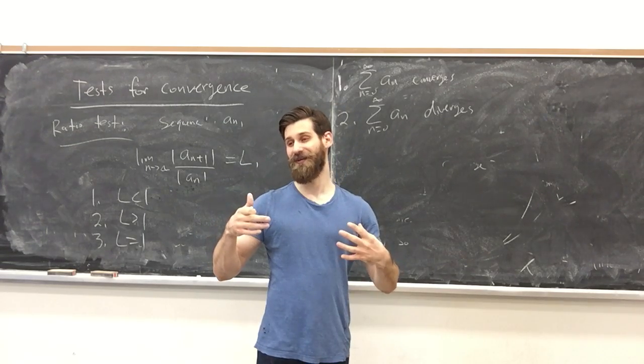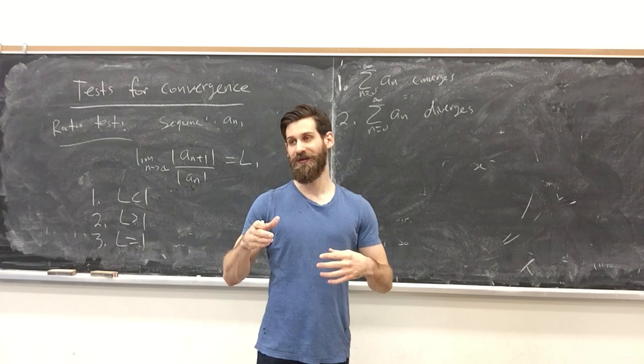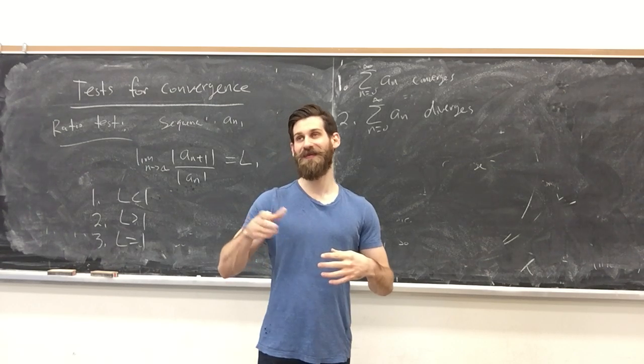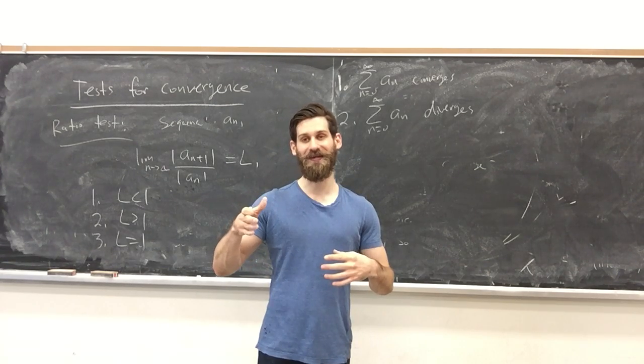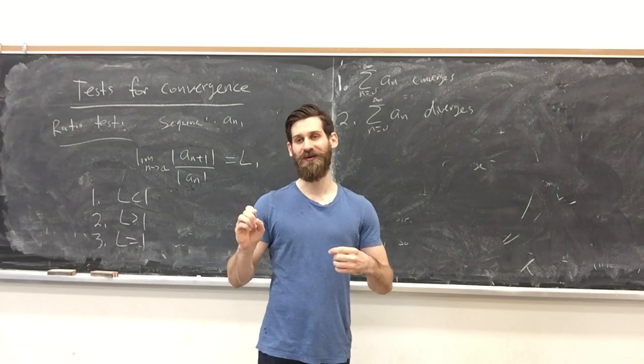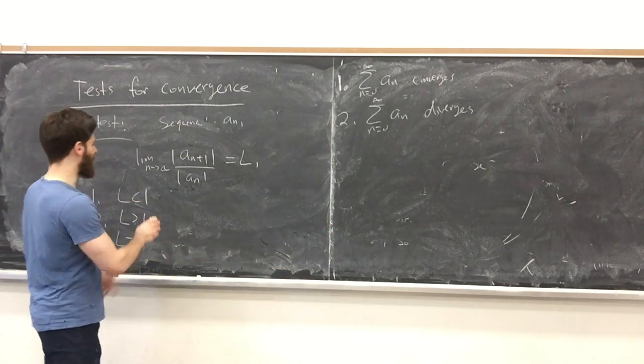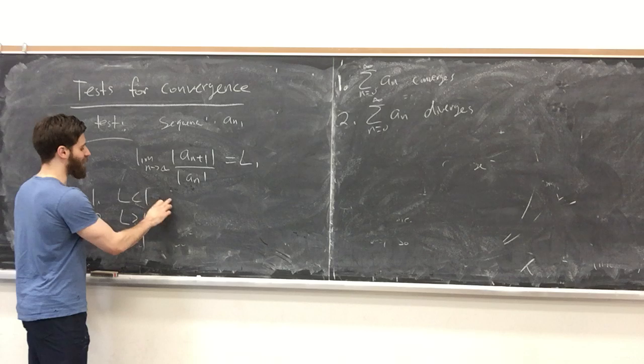In order for a series to converge, you need the terms to be eventually going to 0. So they can't be getting bigger and bigger. Between these two, only this one makes sense for convergence.